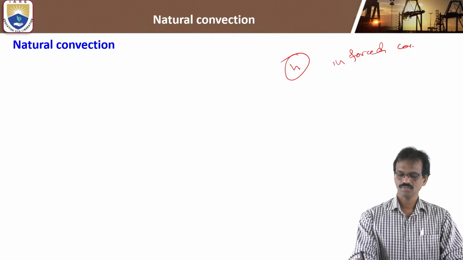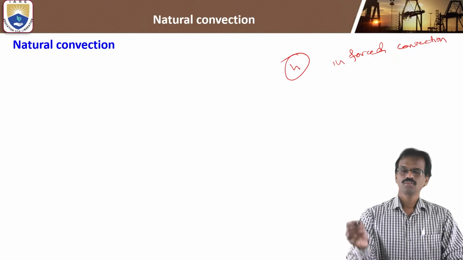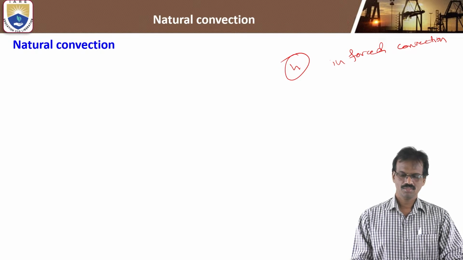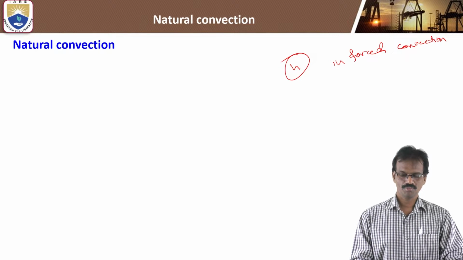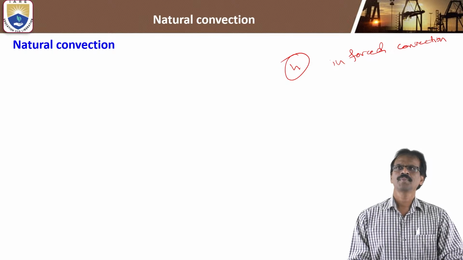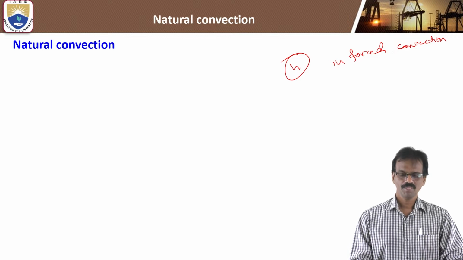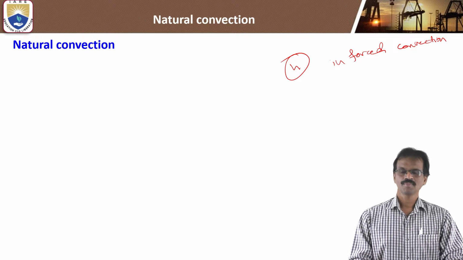Forced convection. You know that convection is completely associated with the bulk movement of the particles from one place to another place. So heat transfer takes place by bulk movement of the particles.